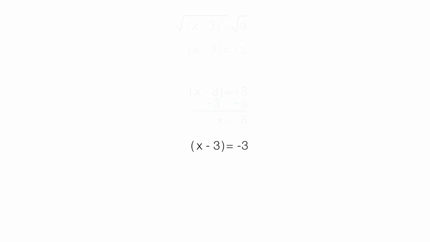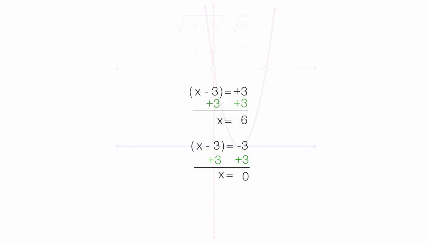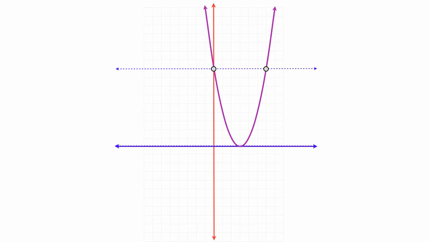And x minus 3 is equal to negative 3, so I add 3 again to both sides of the equation, trying to isolate my x. So I have x is equal to 0. And those are the two solutions.